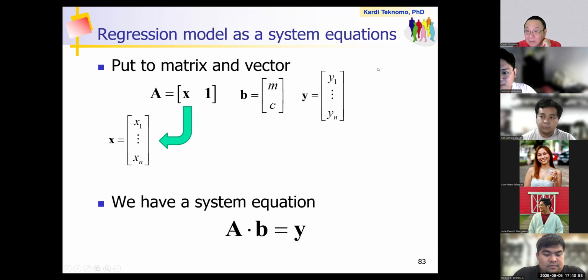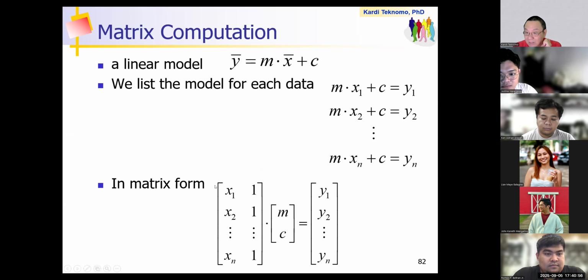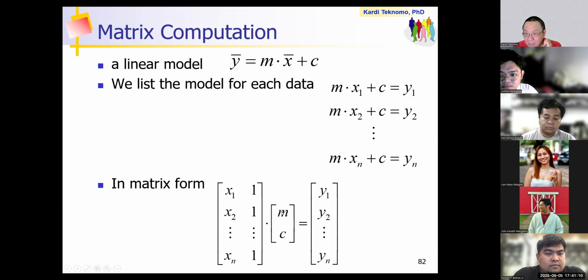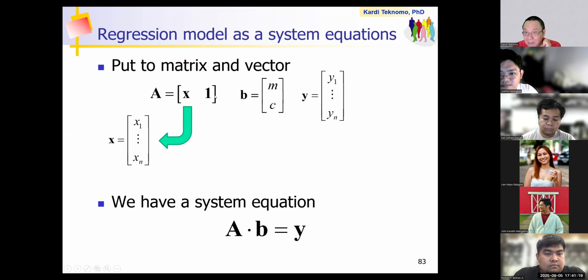If you put this into matrix form, this is the x and this is 1, so I will name this matrix A. The second one, m and c, I will name vector B, and this is vector Y. I just rename this, and suddenly we have a very simple model: A times B equals Y. This is a very general model, even though it is very simple.